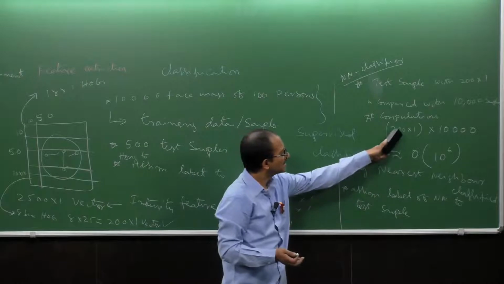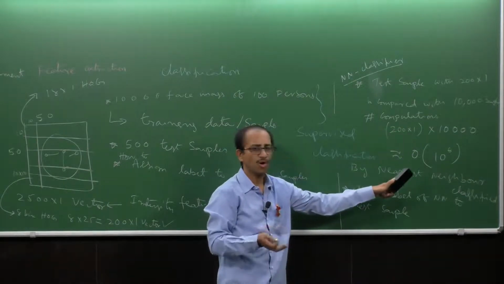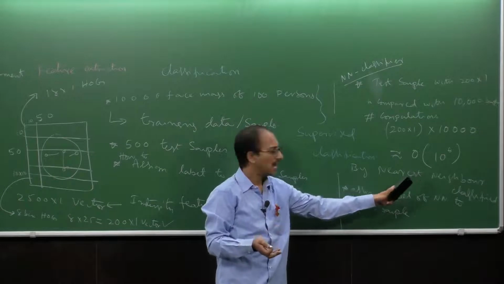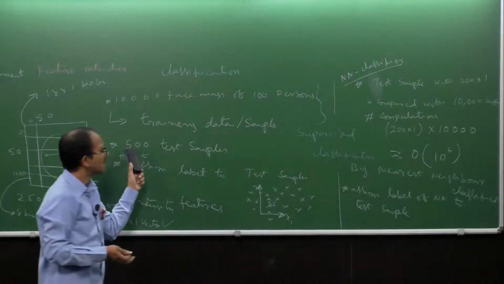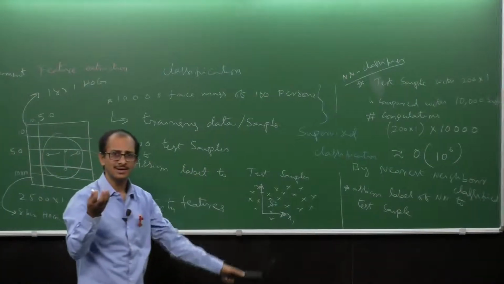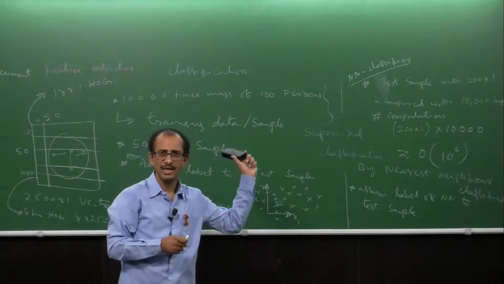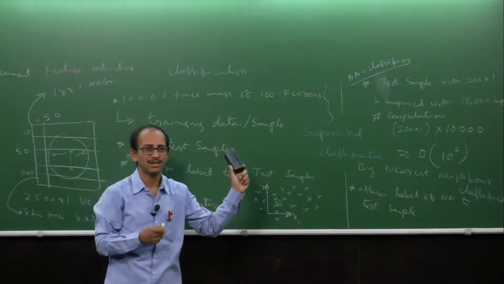As the dimensions and the number of training samples increase, it is even more computationally intensive. If you want to do it for all 500 samples, the number of computations required is of order 10 power 8, that is 10 power 6 into 10 square roughly.